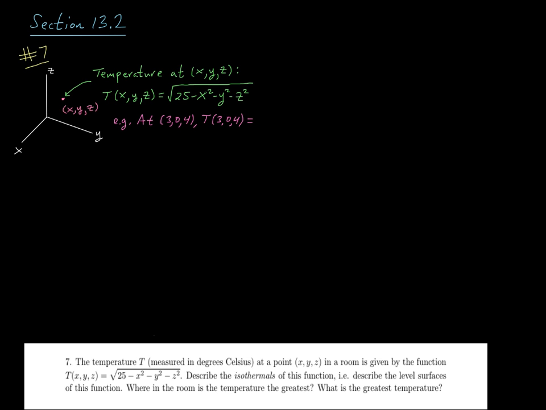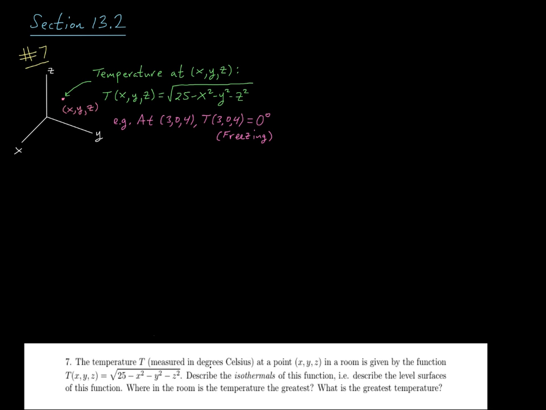And if you plug 3 in for x, 0 for y, and 4 in for z, turns out you're just going to get a 0 underneath the square root. So here, in fact, we are going to be at a freezing temperature at this particular location. Okay? So again, we're now feeding the temperature function all 3 spatial coordinates, right? The location in the room to get our temperature.